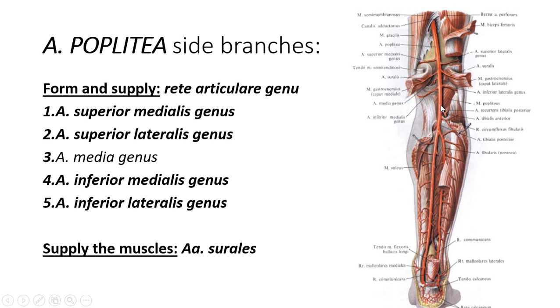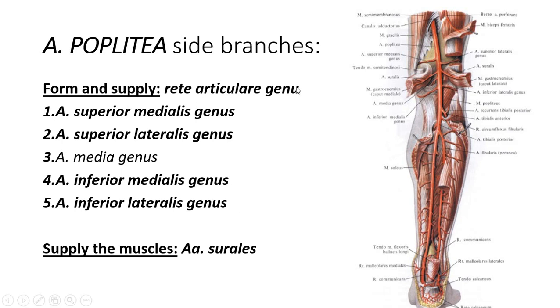And here you can see how this artery posteriorly will split into two terminal branches, into the arteria tibialis anterior and the arteria tibialis posterior, that will also have a lot of side branches that we will discuss in the third part, right? So this is the artery itself with the terminal branches, and you can see how many side branches this artery gives.